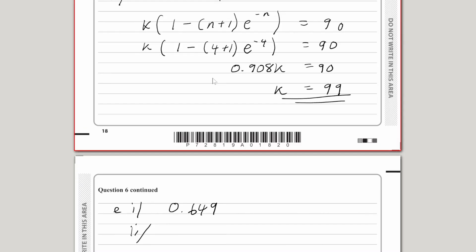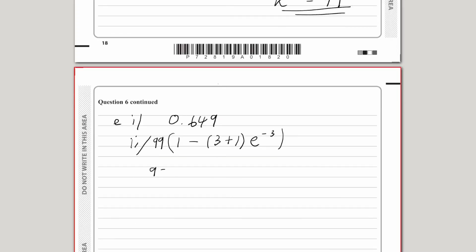So it's 1 minus 3 plus 1 e to the power of minus 3. No, it's not. It's k times that, 99 times that. And it's 99, 1 minus 1 plus 1 e to the power of negative 1. So substitute in 3, substitute in 1 and take them away.